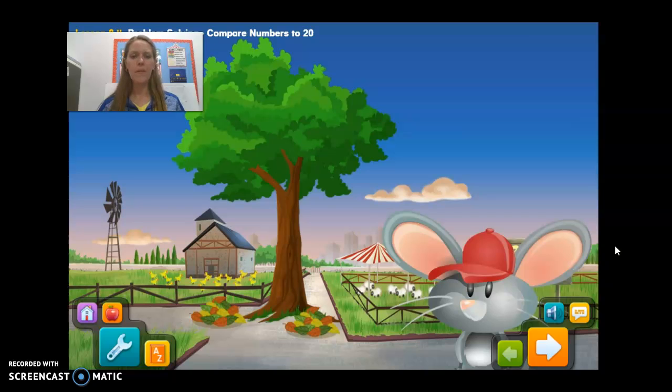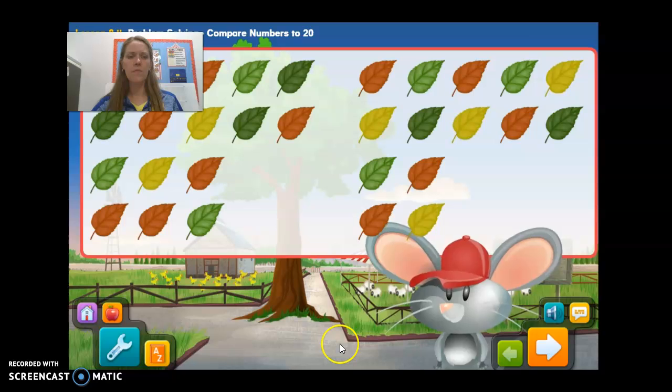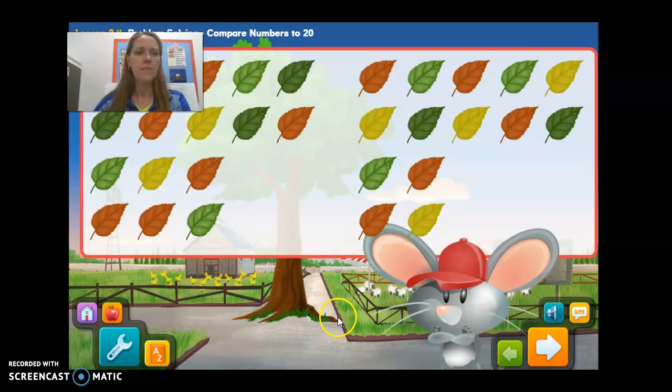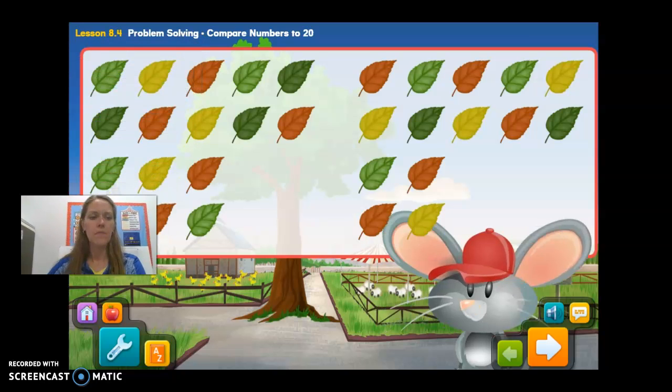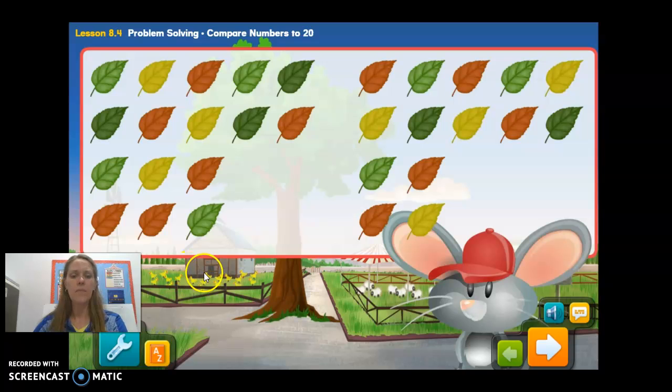Well, it's hard to count leaves when they're in piles like this. Click the leaf that is right next to me, and they will all line up so we can count them. Great work! Now we can see how many leaves there are.